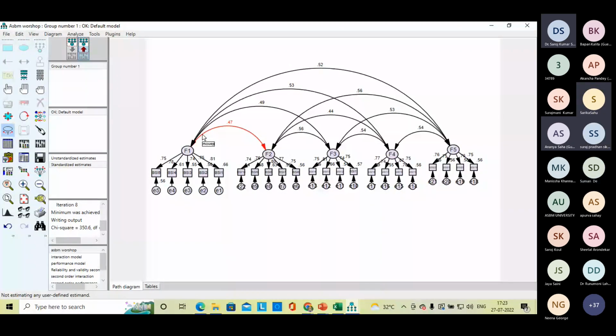How much are you getting? 0.5025, about 0.50. So this is ASV, average shared variance. All of you got it? Yes, sir.